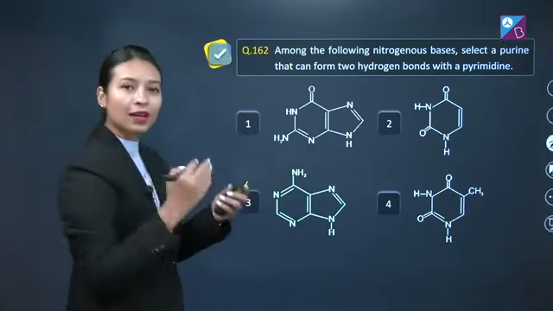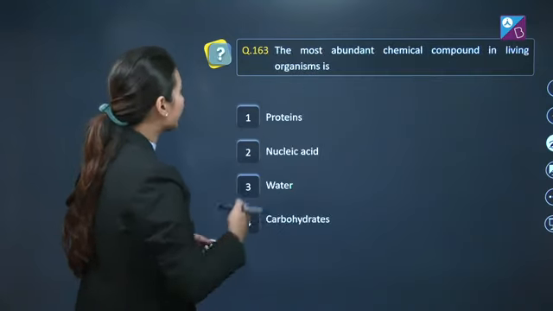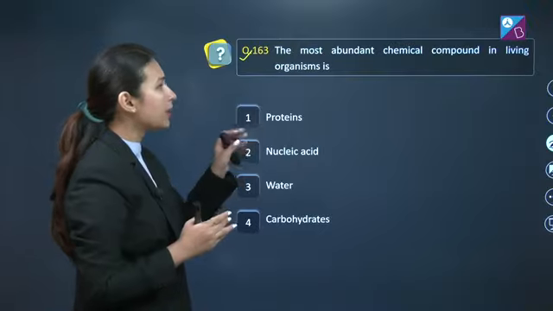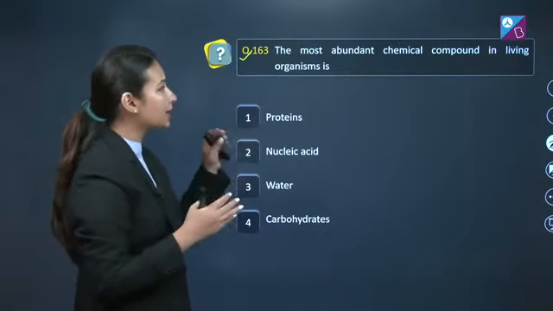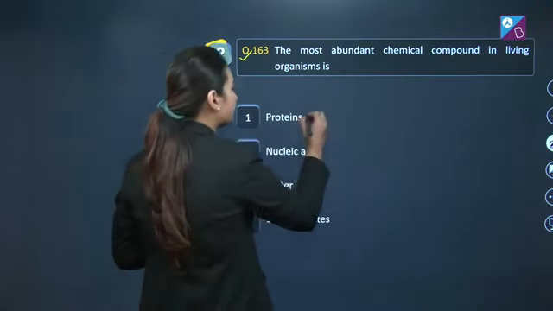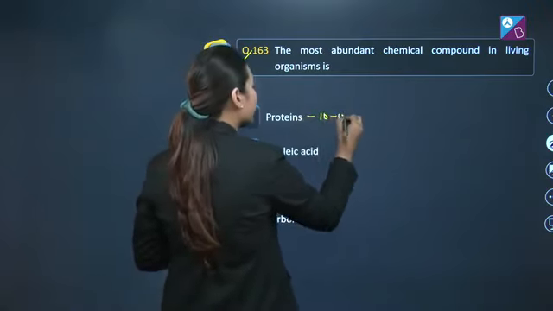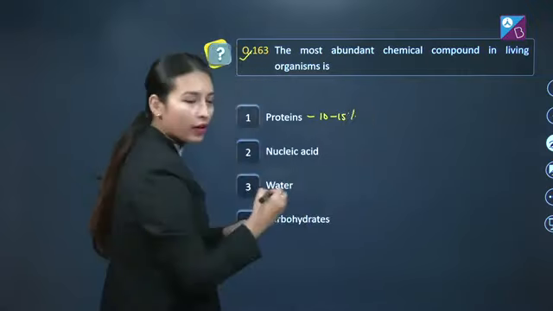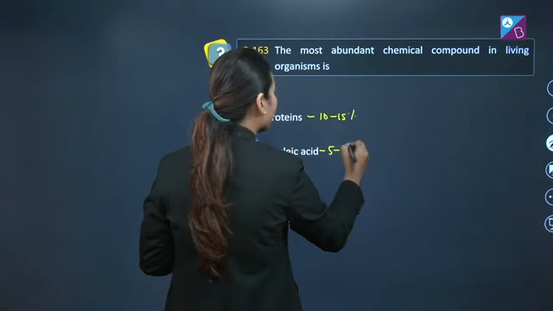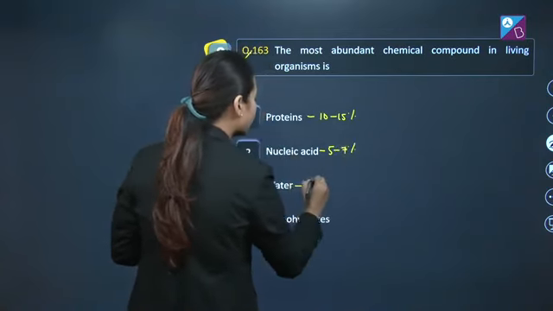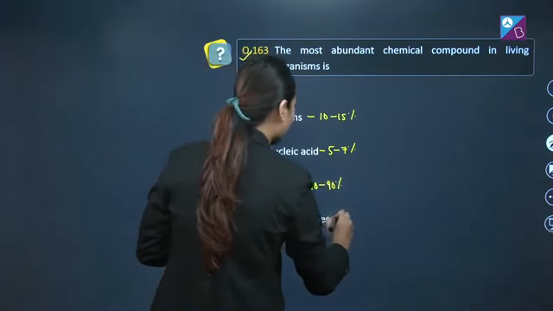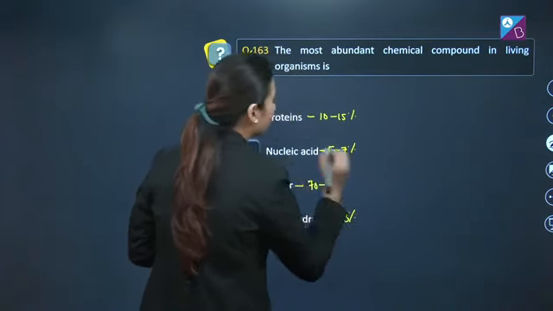and our correct answer here is option number 3. Now let's move on to next question, that is question number 163, which states: the most abundant chemical compound in living organisms is. So students, let's see the options. Proteins form 10 to 15% of the living organisms, nucleic acid form 5 to 7%, water forms 70 to 90%, and carbohydrates form 3%.